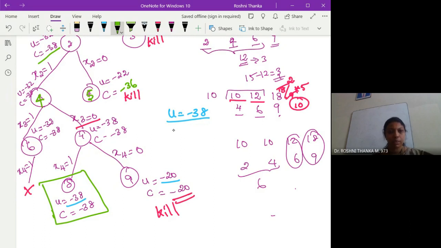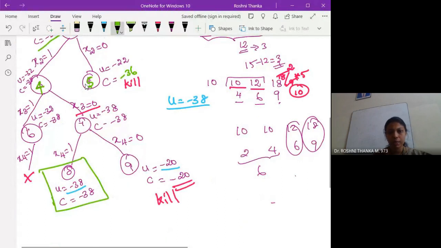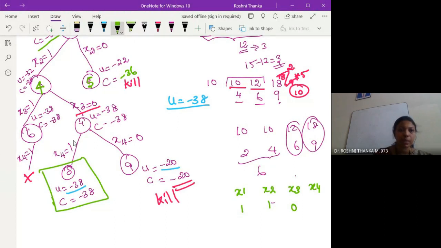Whether the first item is included here, yes. So the item X1 is present. X2 is also present. And when you come here, X3 is not present. And when you see X4, X4 is present. You can see it is 1. 1 means it is present.